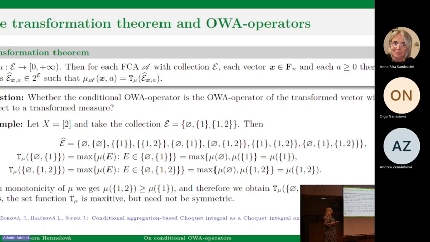This theorem raises the question whether the conditional over operator is the over operator of the transformed vector with respect to the transformed measure. More precisely, whether the transformation of a symmetric measure is symmetric again. As we will show in the example, this is not true in general, and thus this transformation theorem offers another kind of generalization of the conditional over operator.